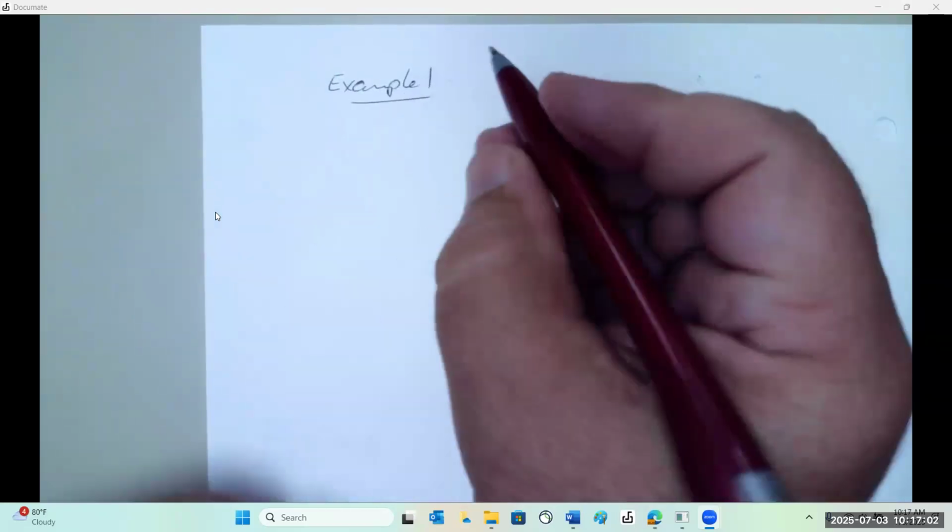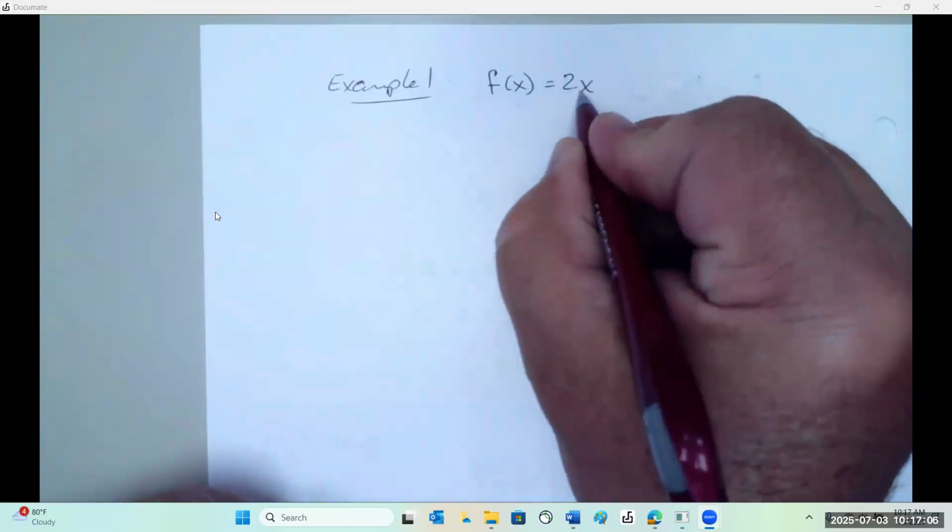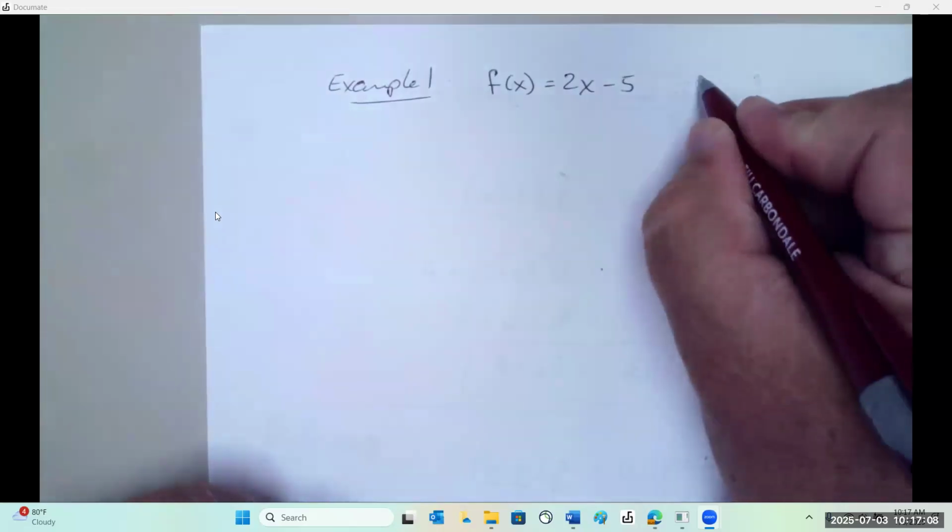Now let's look at the examples from our sheet. Now, for those of you who haven't picked up a packet, there's a packet for this stuff in the back of the room, as always. Example 1 says f of x is 2x minus 5.